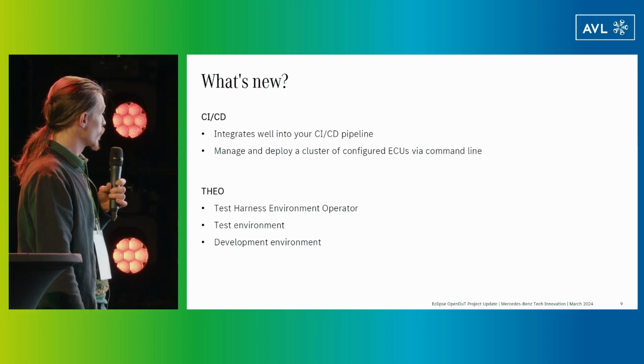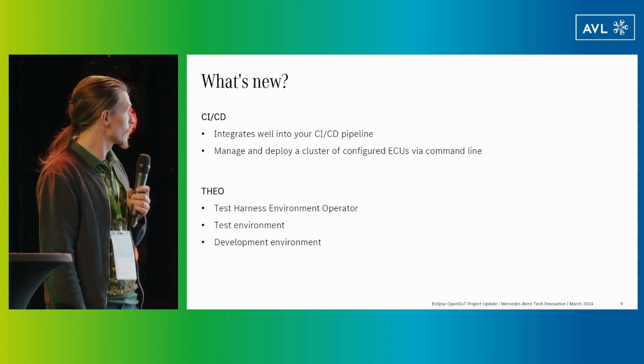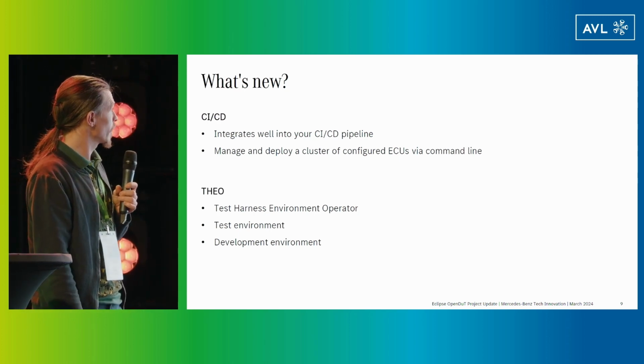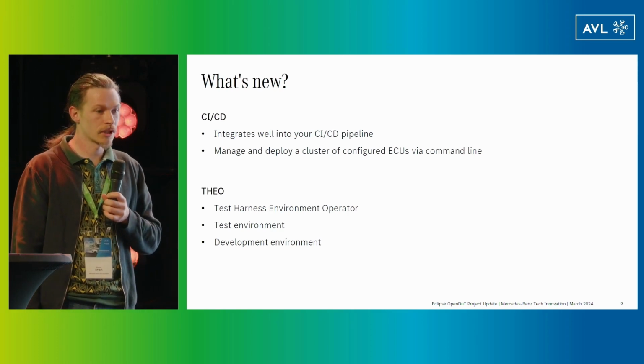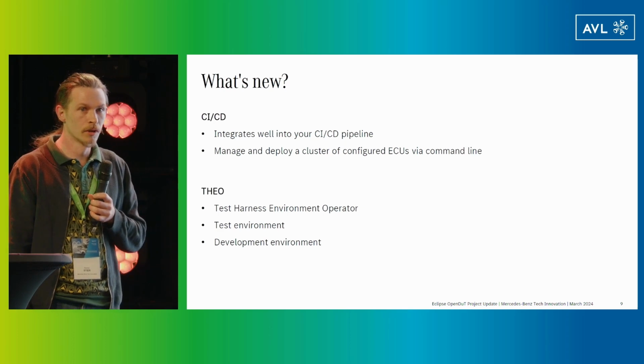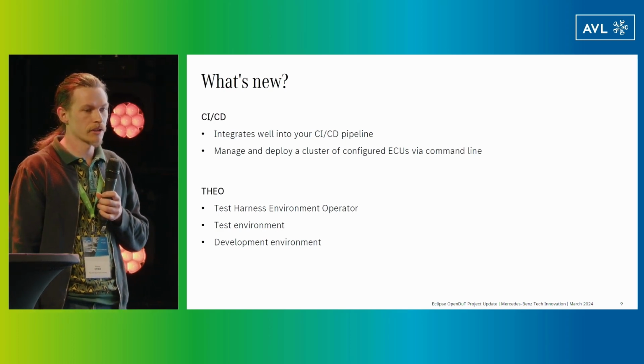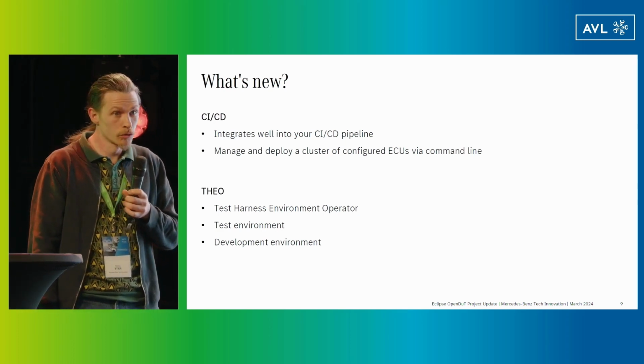And for many of those CI integrations we use CLI, that is starting up everything, and for the CI and CD integration and the pipelines we are using CLI, so it should integrate very well with your own pipeline.